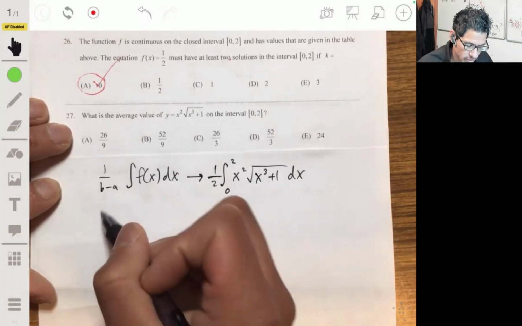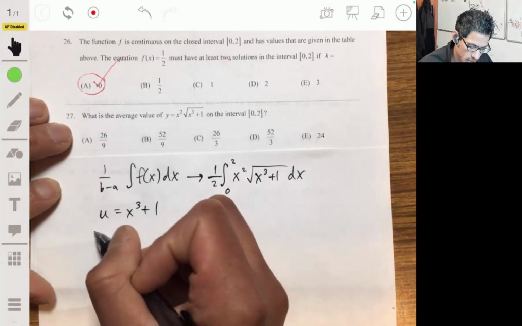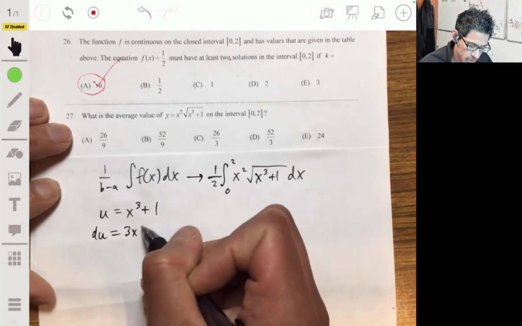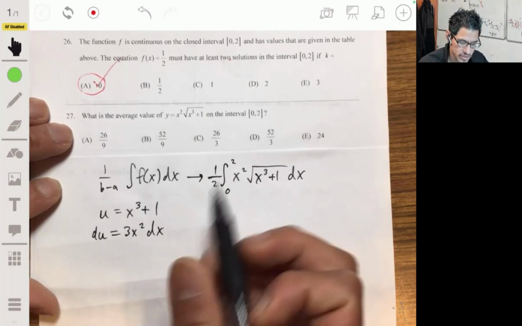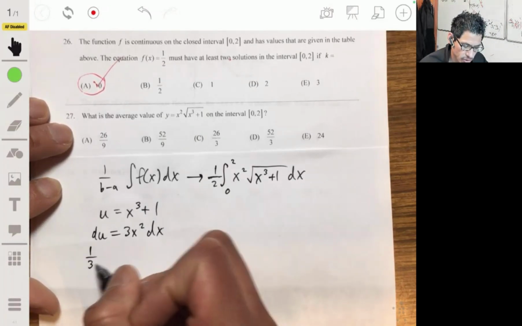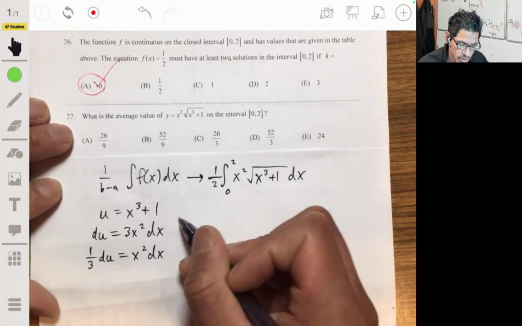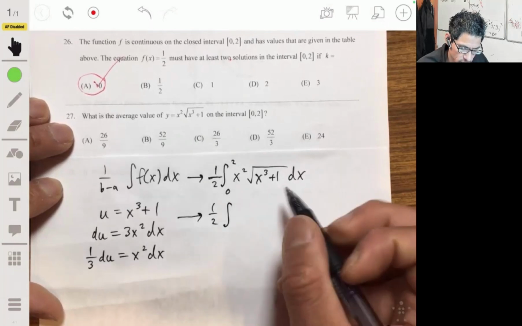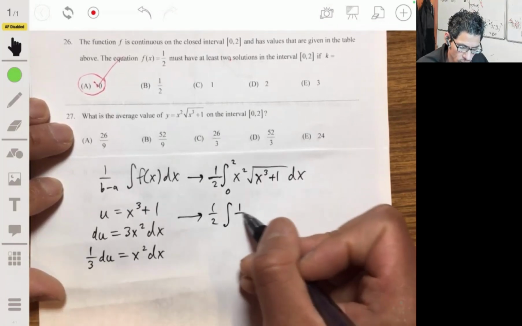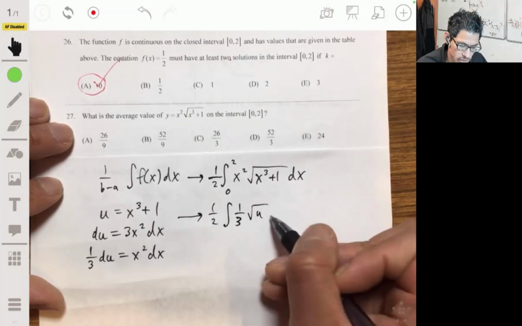Using u substitution, we're going to make u equal to x cubed plus 1. Then du will be 3x squared dx. Solving for x squared dx, we would just have 1/3 du equal to x squared dx. So then we can rewrite this as 1/2 times the integral of 1/3 square root of u du.